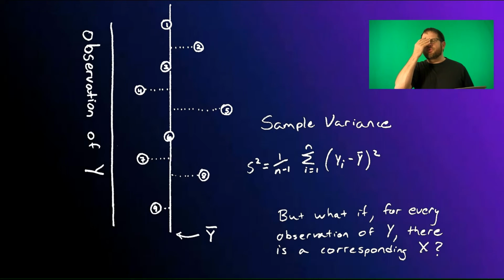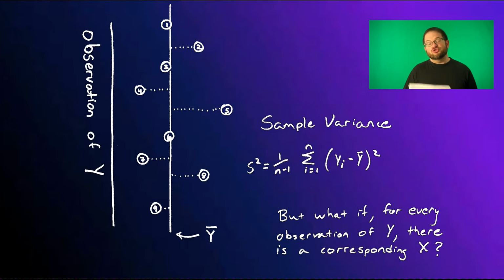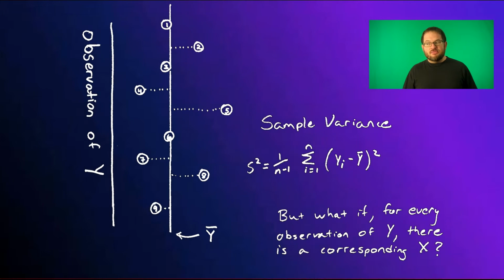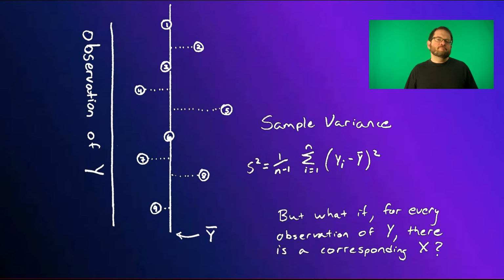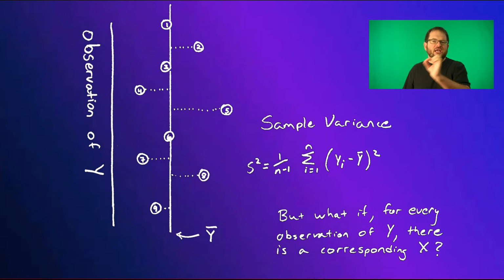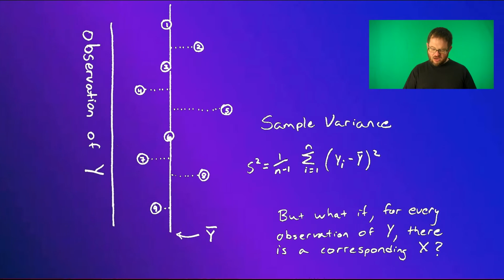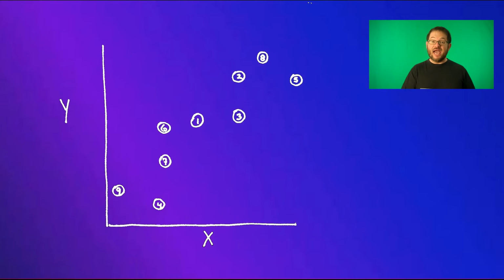Okay, so we now know we have this random variable y. We have 9 observations or realizations of it, and they have some sample variance between them. Now what about if, at the same time we took those 9 observations of y, we also had 9 observations of x? We could plot our values of x and y together on a scatter plot.